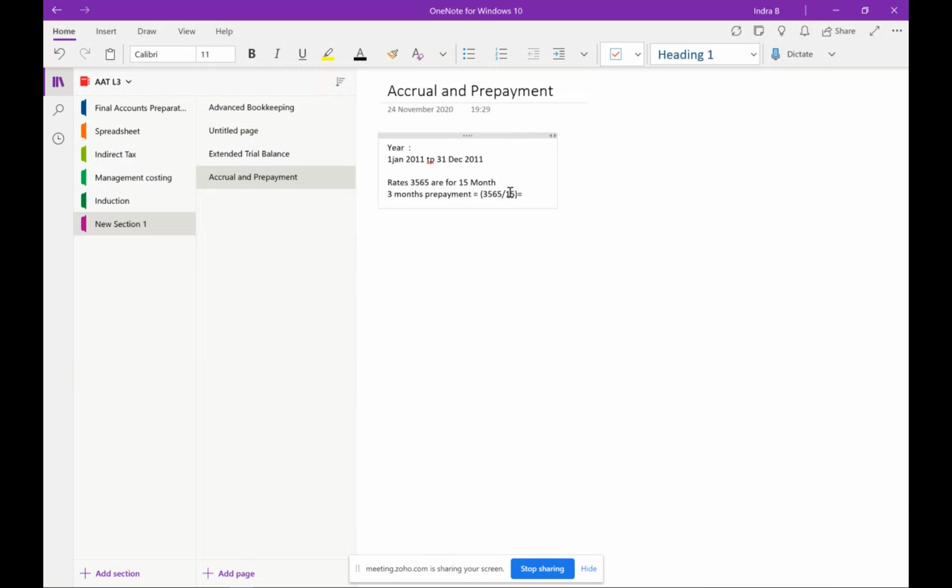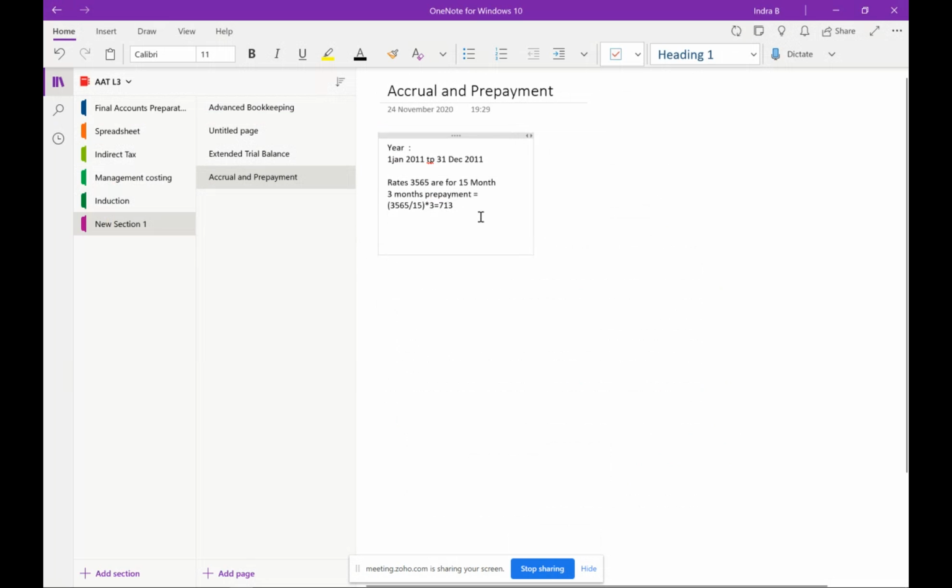I can show you like this. This is 235.667 and then times it by 3. So it is 713 pound.